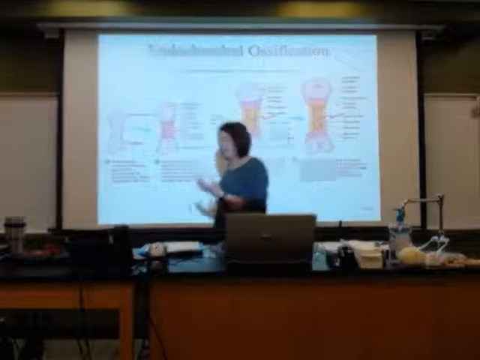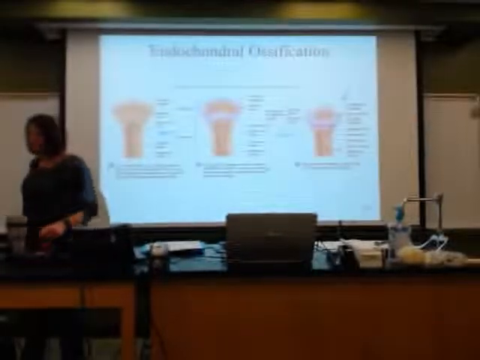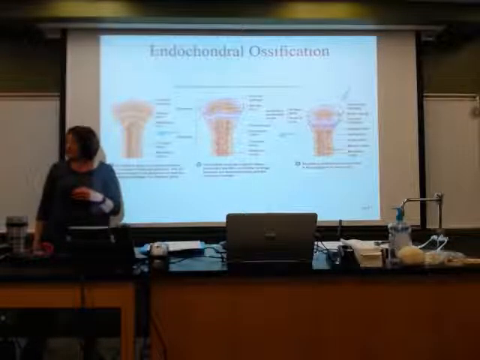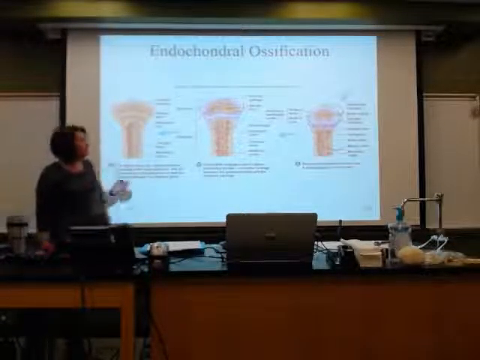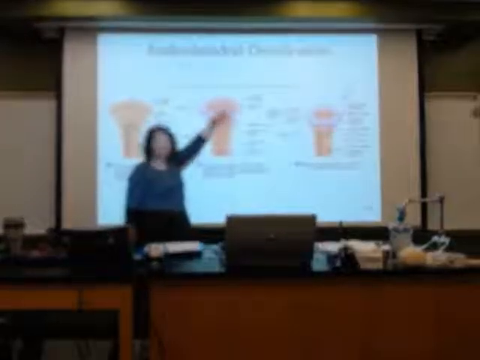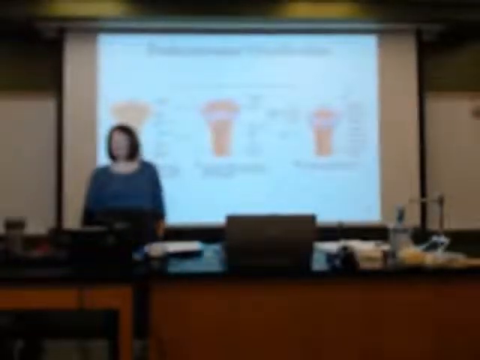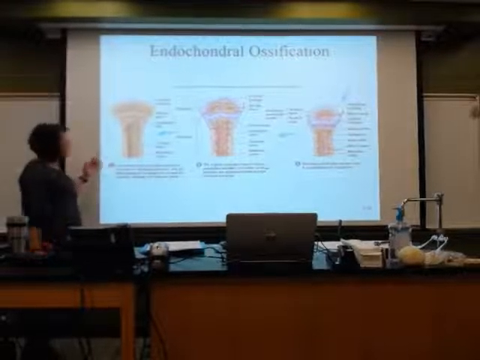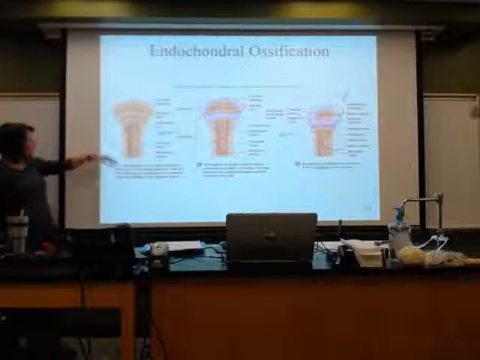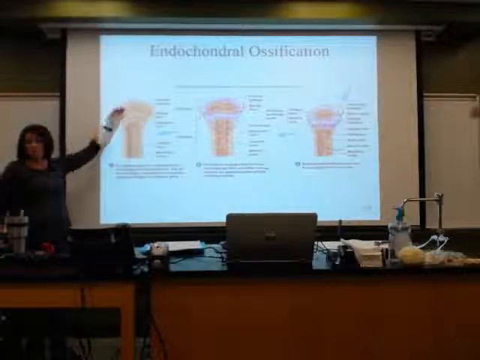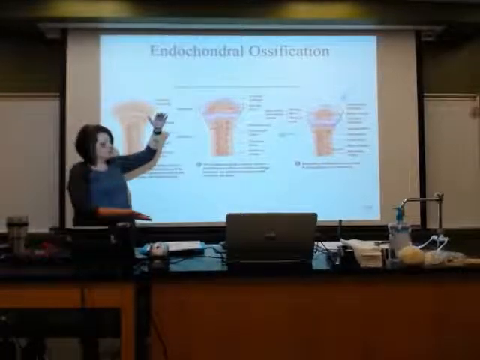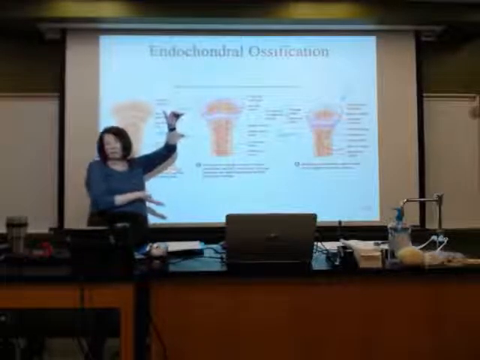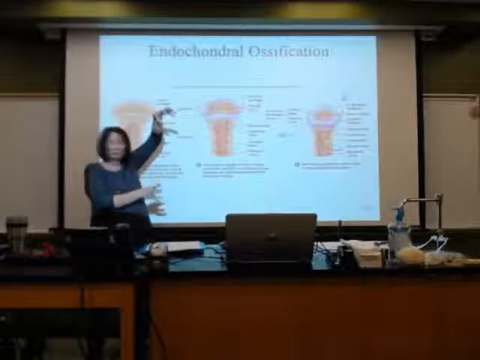So we now have a primary ossification center and what we're going to term a secondary ossification center, which is taking place to the ends of the bone. So, if we begin to look as we grow and grow and grow, okay, we're continuing to see the pushing out of that cartilage being replaced by bone.